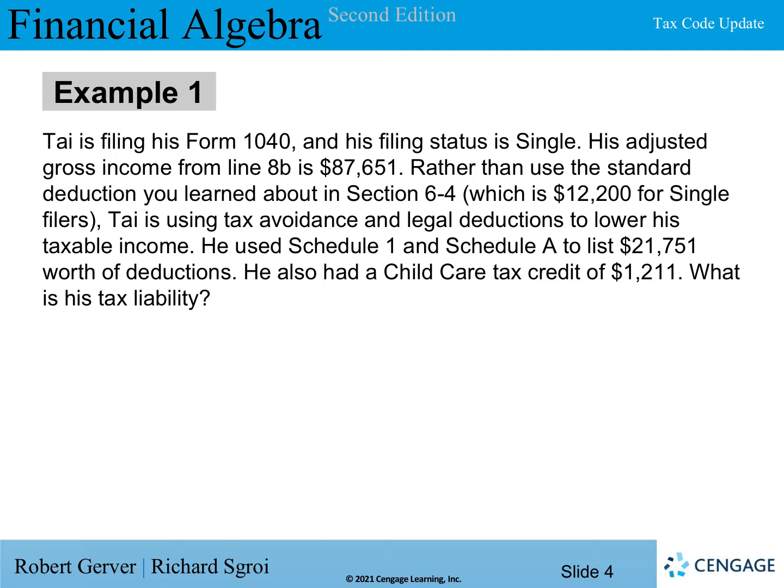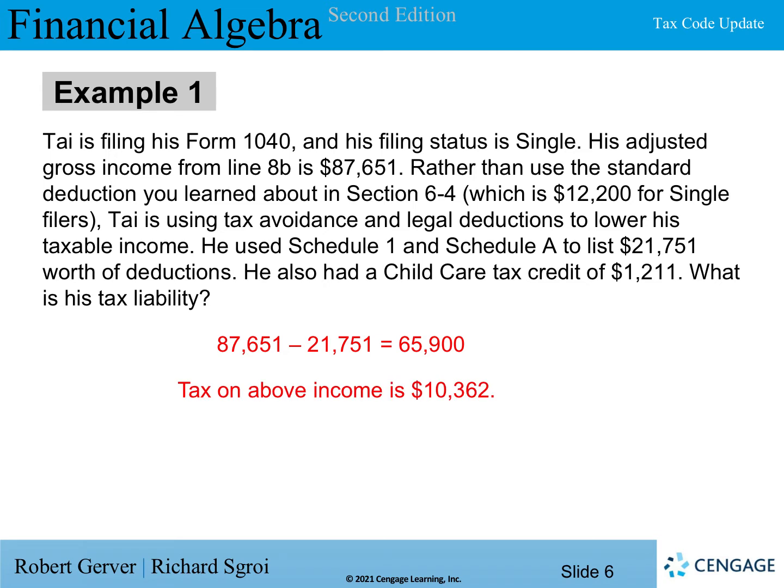What is his tax liability? Well, first of all, we're going to deduct his deductions from his gross income and come up with $65,900. Then we will look to determine what his tax is on that income and find that the tax on the $65,900 is $10,362.